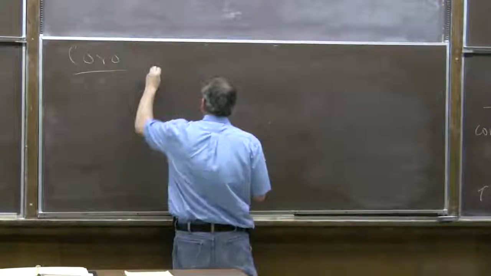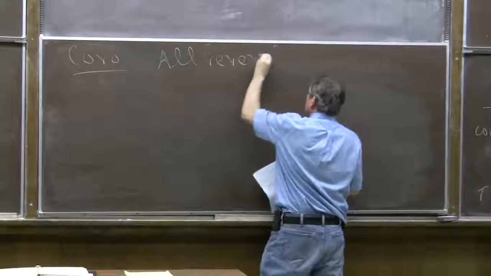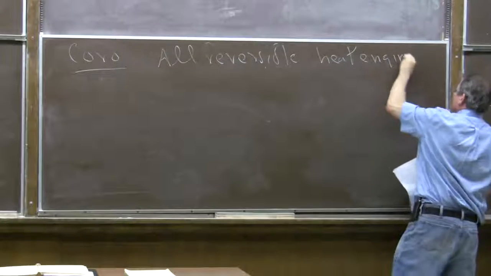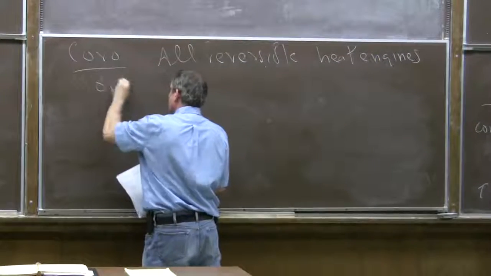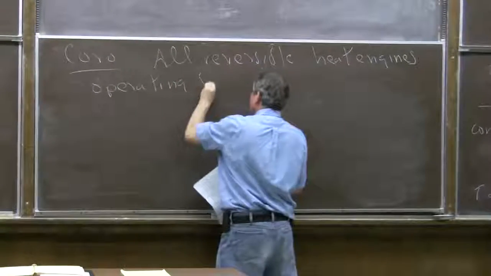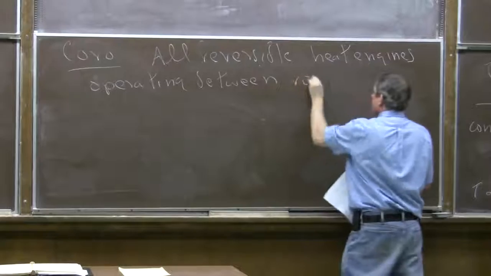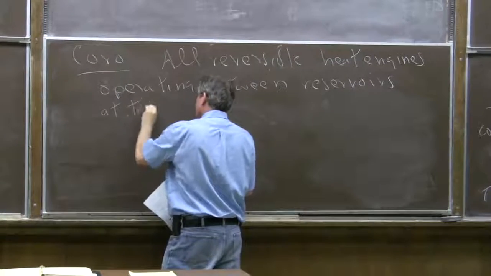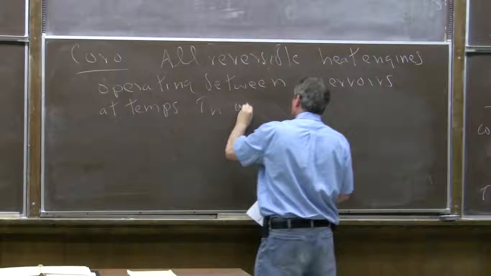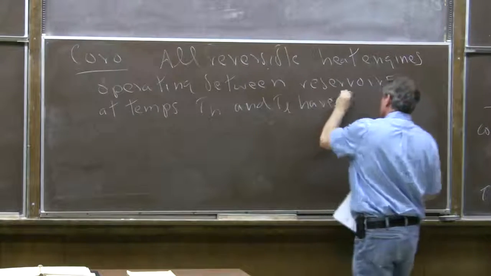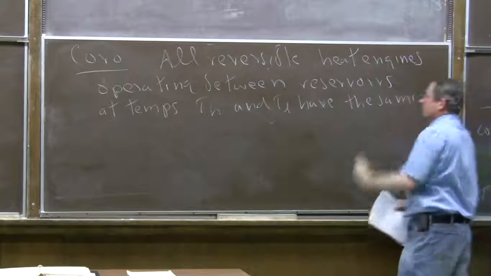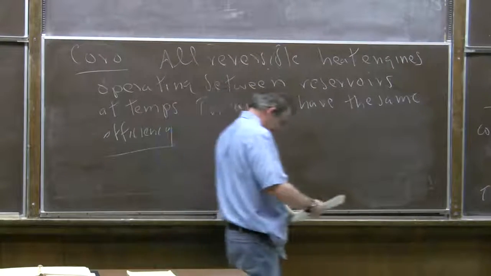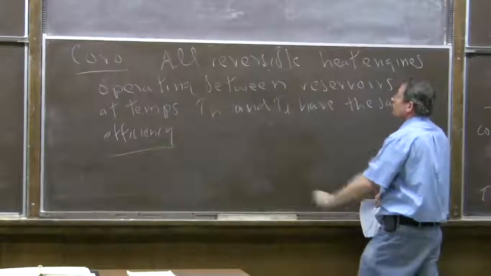Well, corollary to the second law is that all reversible heat engines operating between reservoirs at temperatures tau H and tau L have the same efficiency. And reversible just means it's possible to run it backwards.